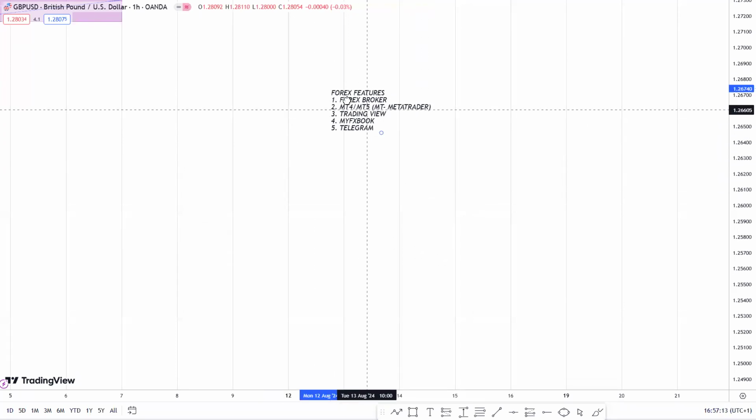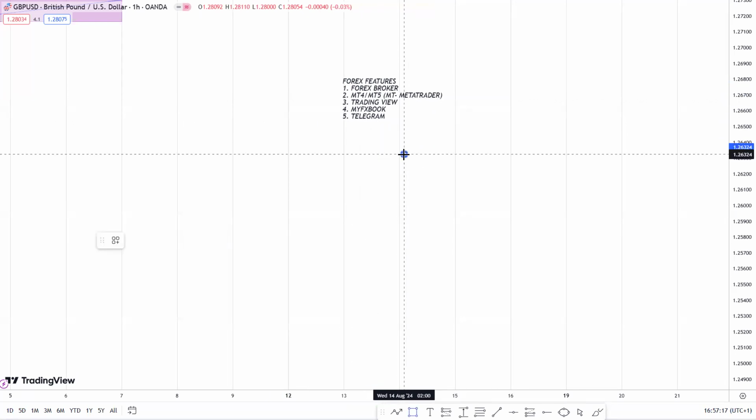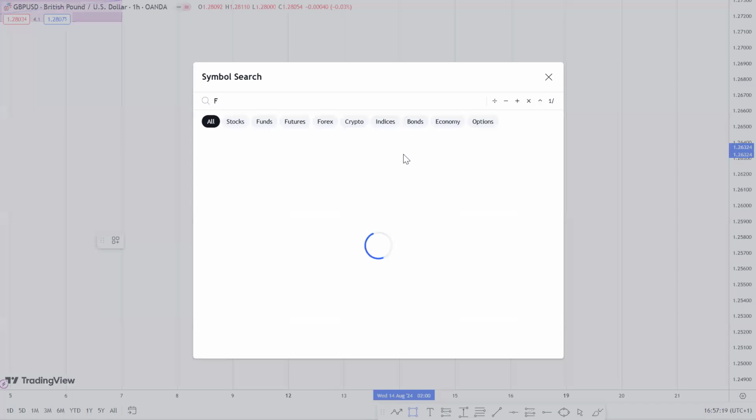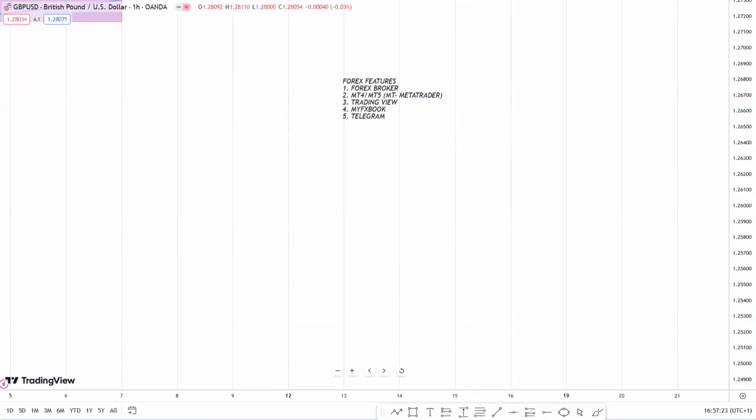So now let's begin. We are going to be starting today with the forex features. The first one we're going to be talking about is the forex broker. So what is the forex broker?